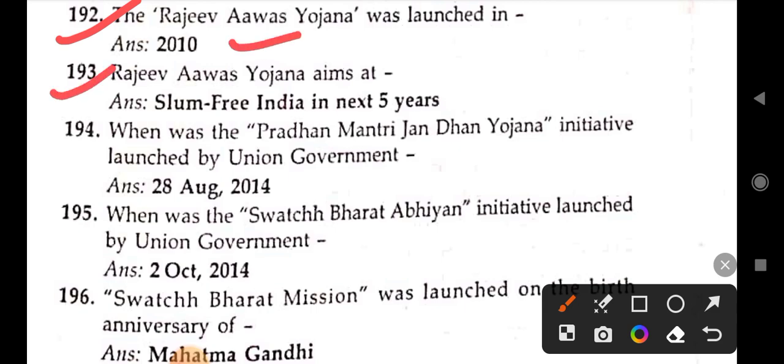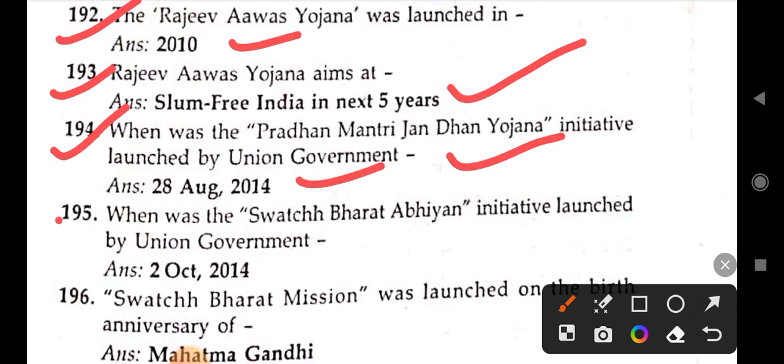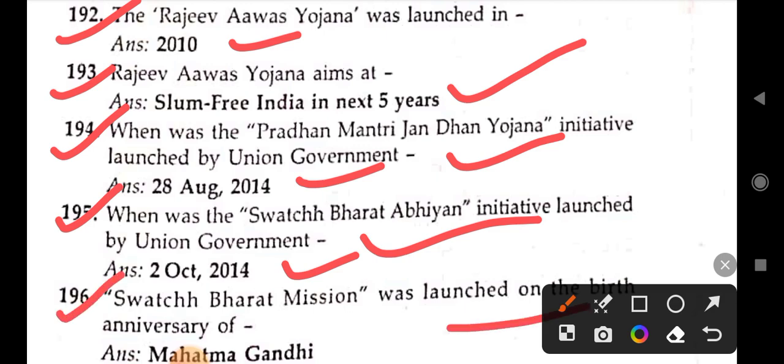Rajiv Awas Yojana aimed at a slum-free India in the next 5 years. When was the Pradhan Mantri Jan Dhan Yojana launched by the Union Government? 28 August 2014. When was the Swachh Bharat Abhiyan launched by the Union Government? October 2014. Swachh Bharat Mission was launched on the birth anniversary of Mahatma Gandhi.